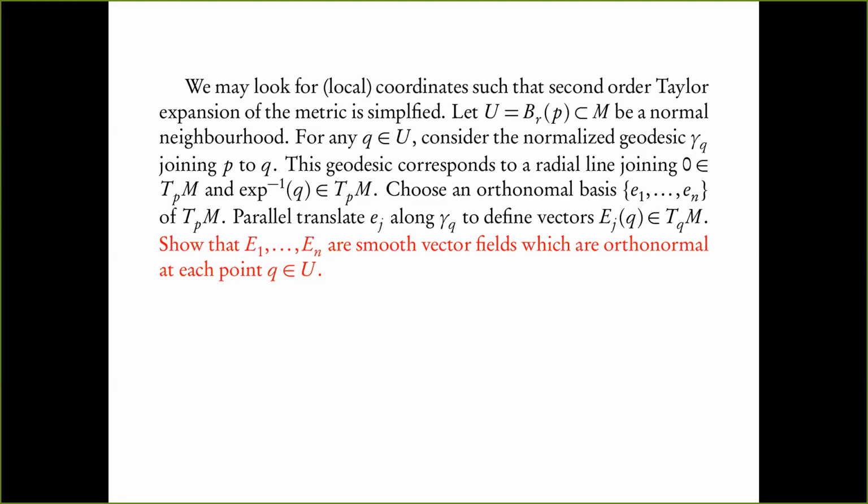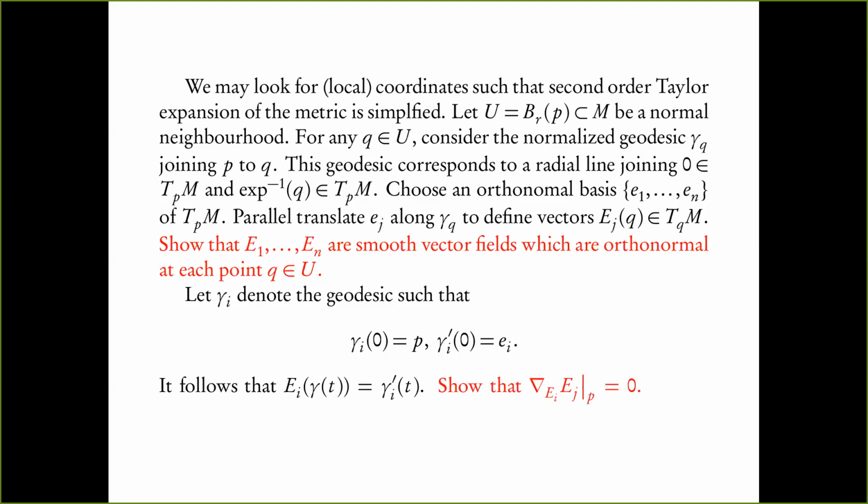Okay. So you might ask, if these are nice vector fields, what can we do with them? Well, can I talk about the covariant derivative of Ei with respect to Ej? Is it 0? Again, I'll skip through this a little bit, but the exercise that you have is to show that indeed that is true. If I covariantly differentiate Ej along Ei, that is also going to be 0. Almost by construction. So you can read through this last bit because I want to get to something more fundamental.